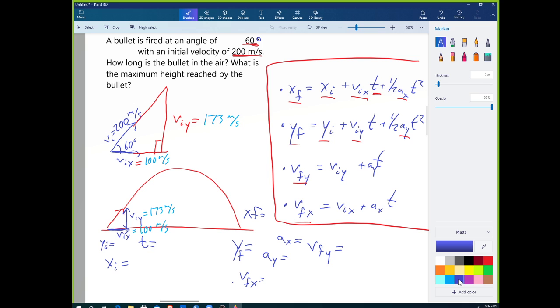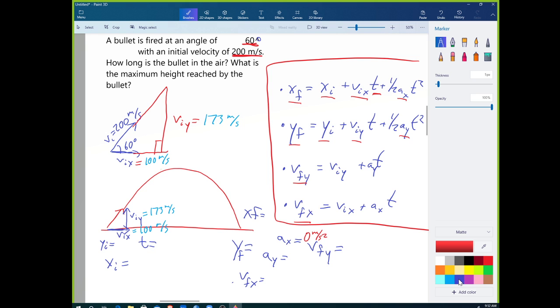Well, AX is 0. AX is 0 always. And then we know VIY and VIX. Yep, I've already got those. So there's 4 more things that you should know.